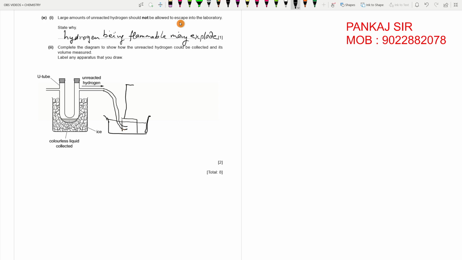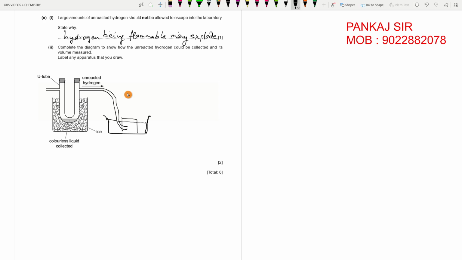Now on the top of this crucible, I'll have to place an inverted measuring cylinder, right? Now this is my inverted measuring cylinder. This is all water.